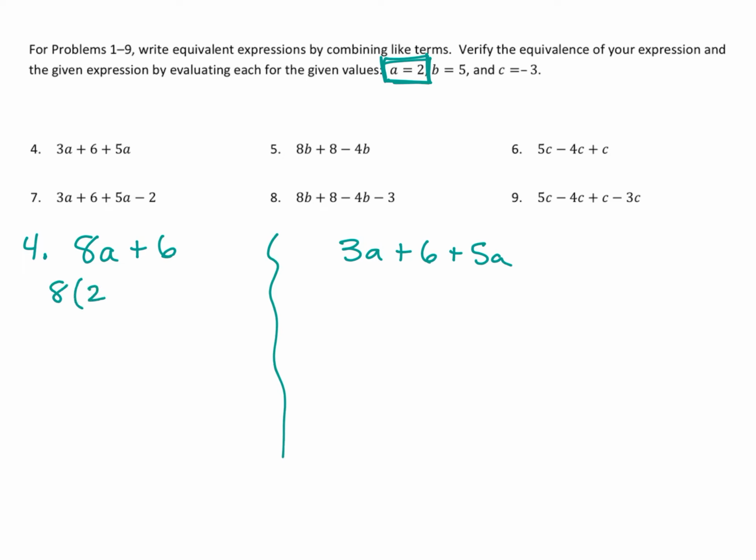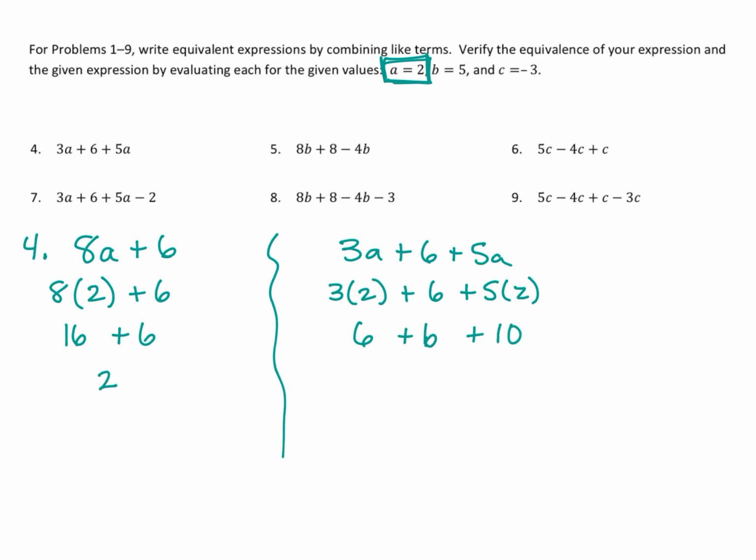Over here, 8 times 2 plus 6, and on this side, 3 times 2 plus 6 plus 5 times 2. 8 times 2 is 16, plus 6 more. 3 times 2 is 6, plus 6, and 5 times 2 is 10. 16 plus 6 is 22. 6 plus 6 is 12, and 12 plus 10 is 22.